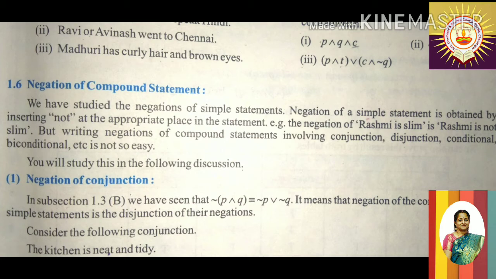But now we learn about the negation of compound statement. Compound statements means when we join two or more sentences together by using connective. It can be shown by the truth values or by constructing truth tables also.